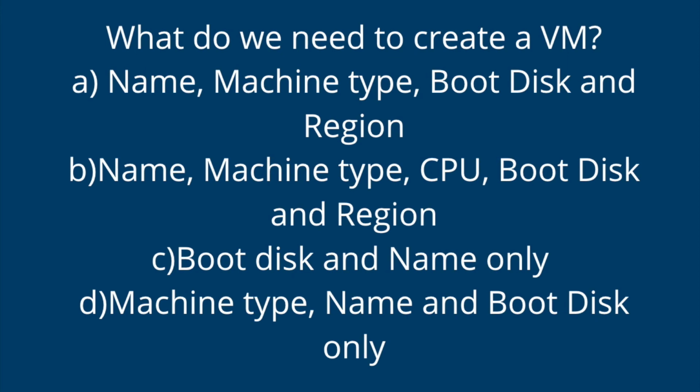Some machine types have a GPU, some don't. And the reason why we just call it machine type, because you can specify CPUs, GPUs, and memory in it. So option B is in a way correct, but machine type already includes the CPU, and therefore option B can't be right. It's listing it as a separate thing. So here it would be option A.